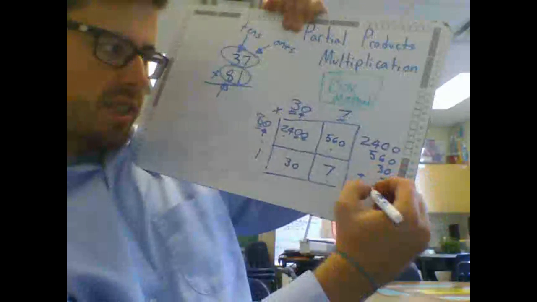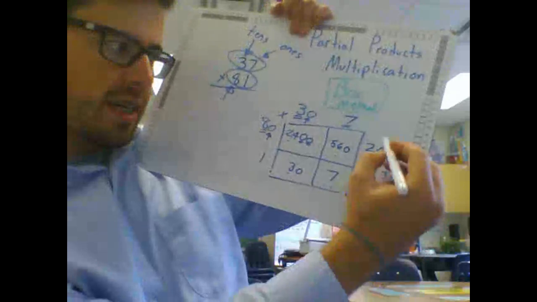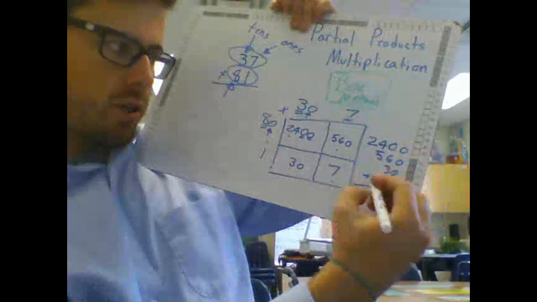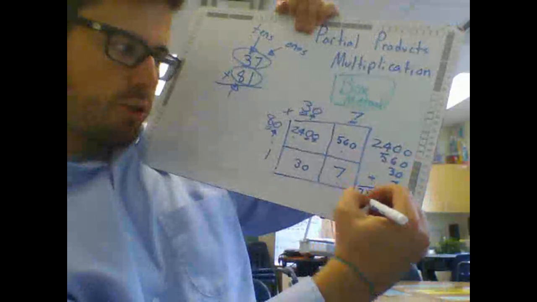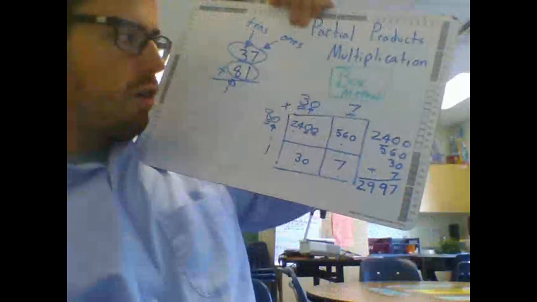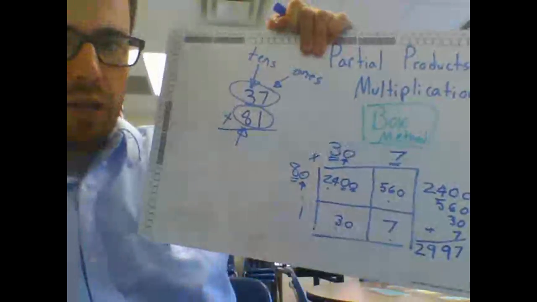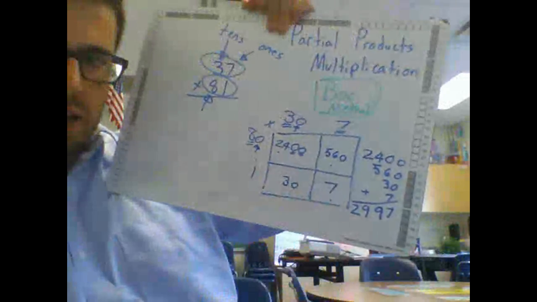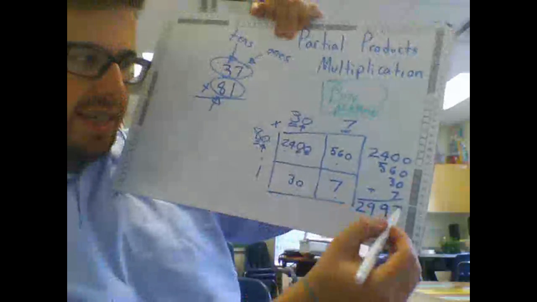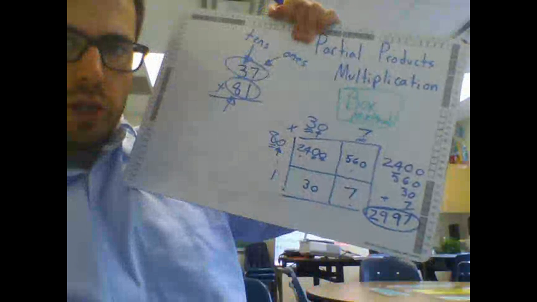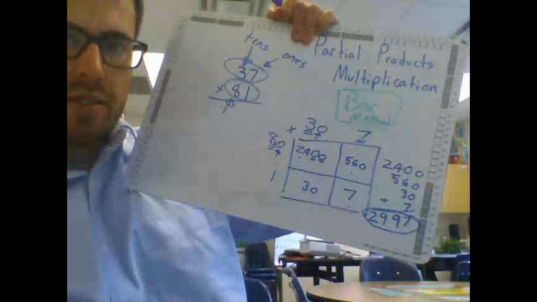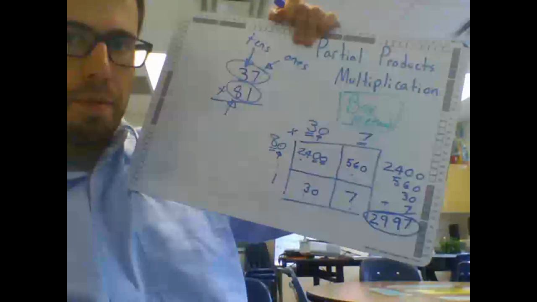We add our tens, we get 90. We add our hundreds, we get 900. And we only have 2,000. Our answer for 37 times 81 is 2,997. Let's circle that. So that's how we use the partial products multiplication, or the box method.